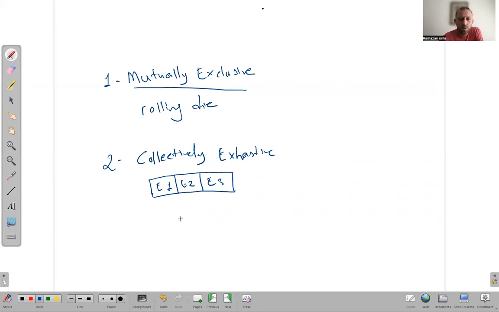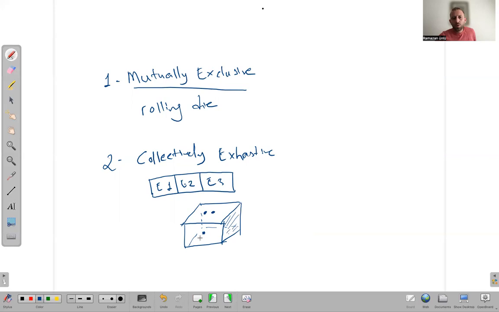So let me give you a more concrete example. Let's say I have a die. Okay, so let me draw it if I can do it. It's not good, but it's fine. Let's say this is a 1 and this is 2, and there are some other parts on this side. And let's say this part has no number.